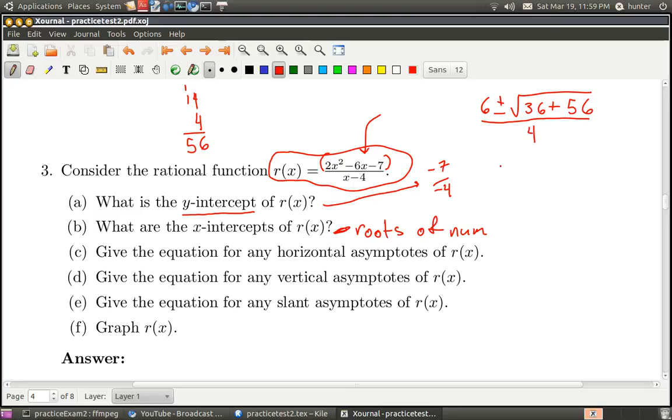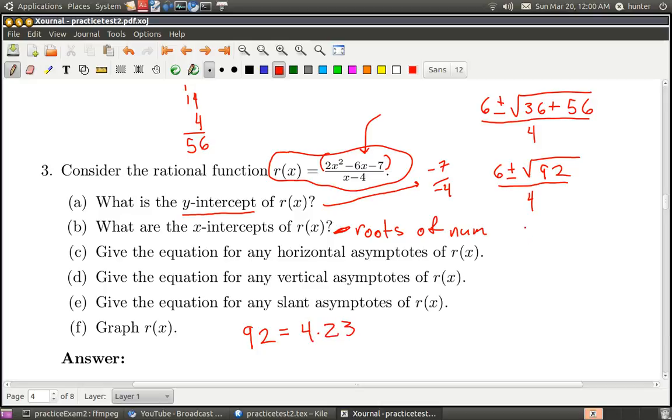So let's hope this comes down to be a nice number. So I've got stuff here, and when you add 36 and 56, what comes out? It comes out to be 92. And this is over 4. And I know, because I did this earlier, that 92 is 4 times 23.